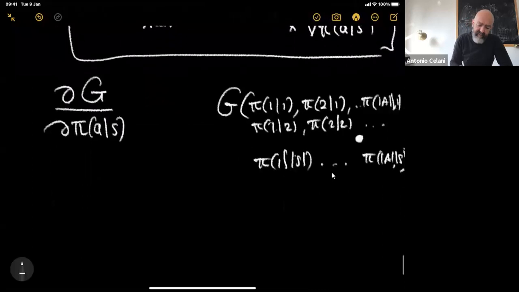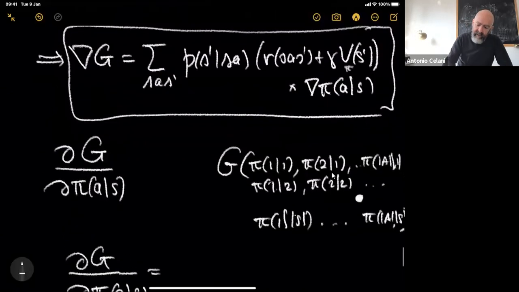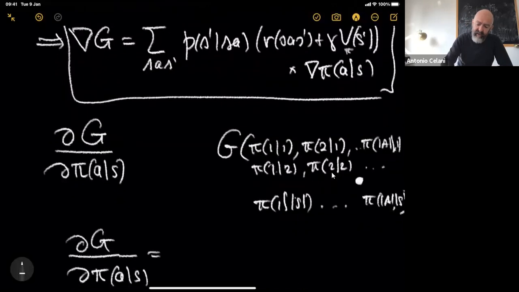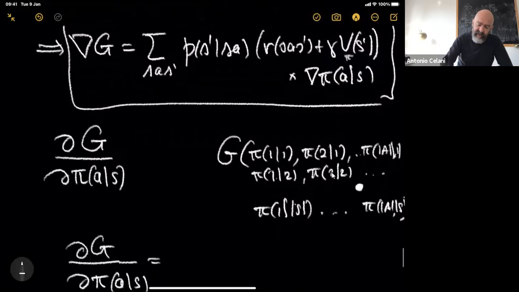And if we do that, what we realize is that this derivative just selects the entries A and S here. So this gives an identity matrix in the space of actions and states.